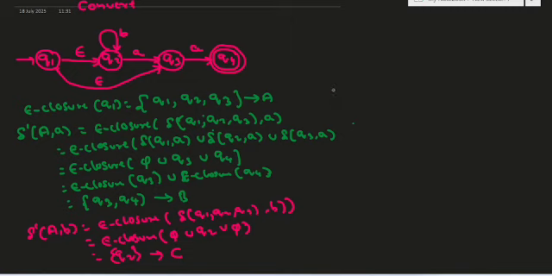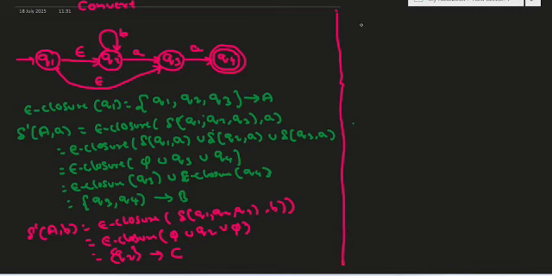Now, what we will try to do is apply both inputs on B and on C. We will find out whether any new state is obtained here. Now I'll just make a bifurcation here.